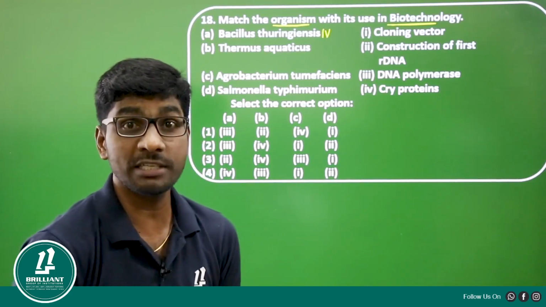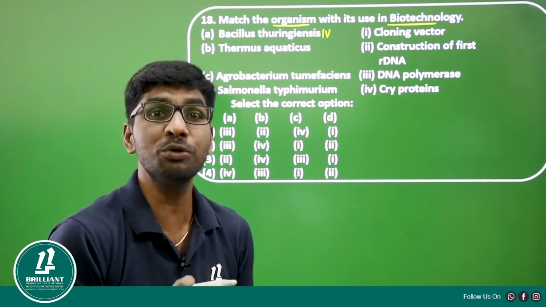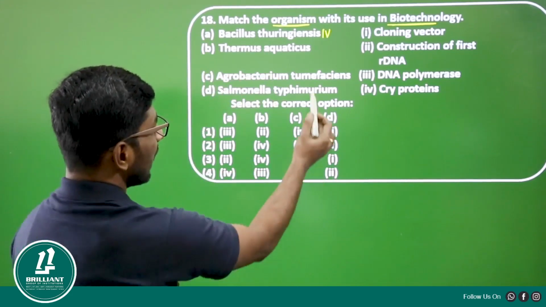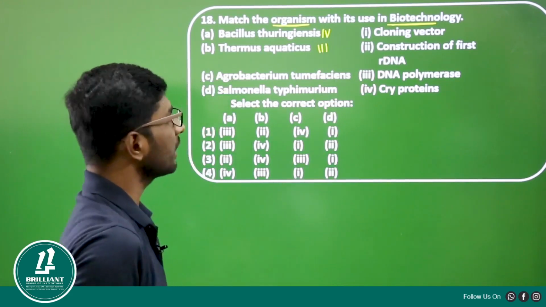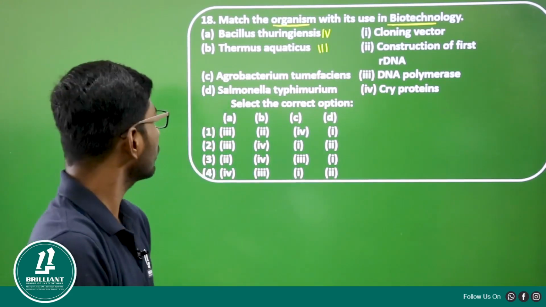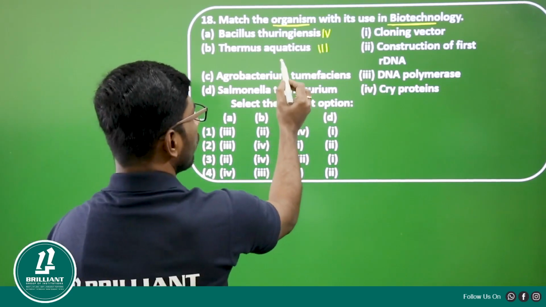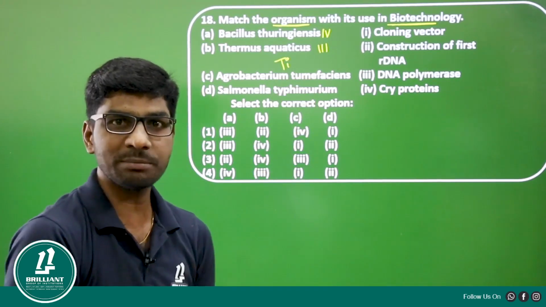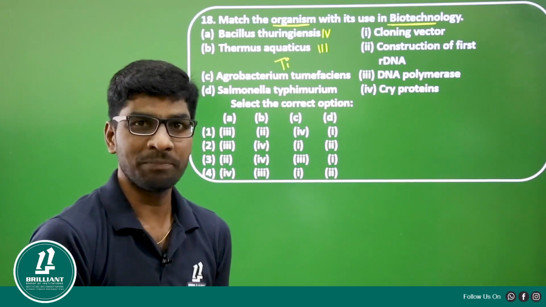That Taq polymerase enzyme can be used in the PCR method to synthesize new nucleotides. So Thermus aquaticus, I am going with what? DNA polymerase. What type of DNA polymerase here? We can clearly write the Taq polymerase. Fine. So look at option 3. Agrobacterium tumefaciens. Agrobacterium tumefaciens bacteria is also called the Ti plasmid bacteria, tumor-inducing plasmid.